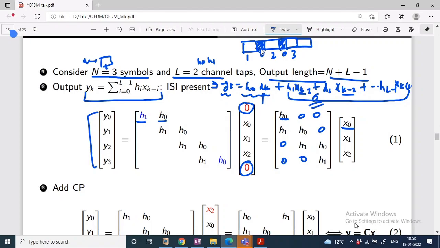The problem is that sharp transitions can happen, because here is the data and here is only 0. Sharp transitions can result in frequency broadening. That is one disadvantage.